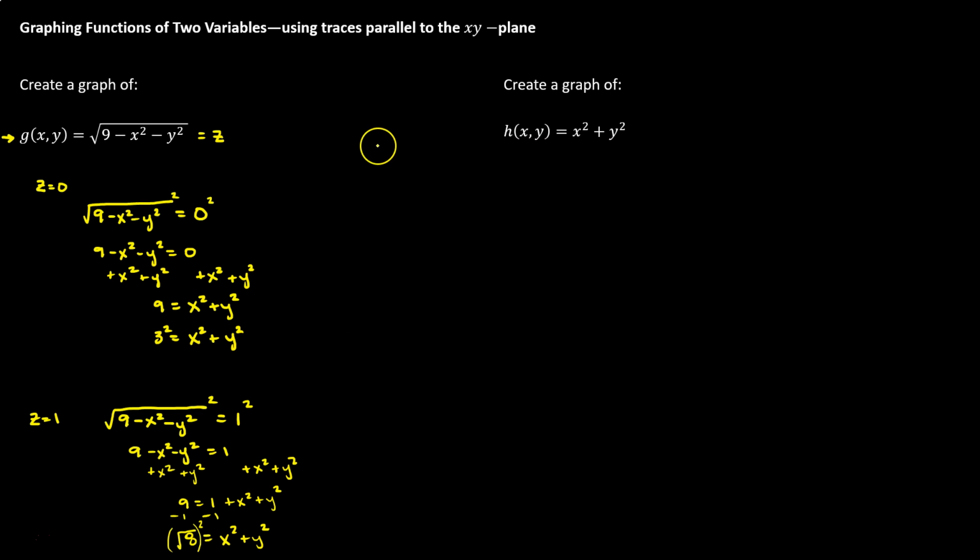So if we wanted to create a graph of these traces, we can start by creating our 3D axes. And then we can sketch each one of these curves. In the z equals 0 plane, we found a circle centered at the origin with radius 3.